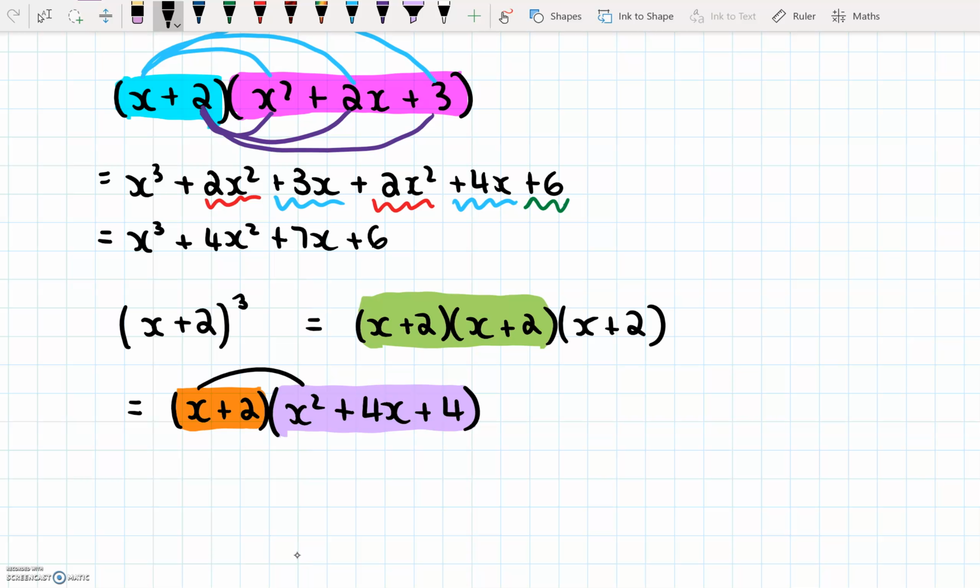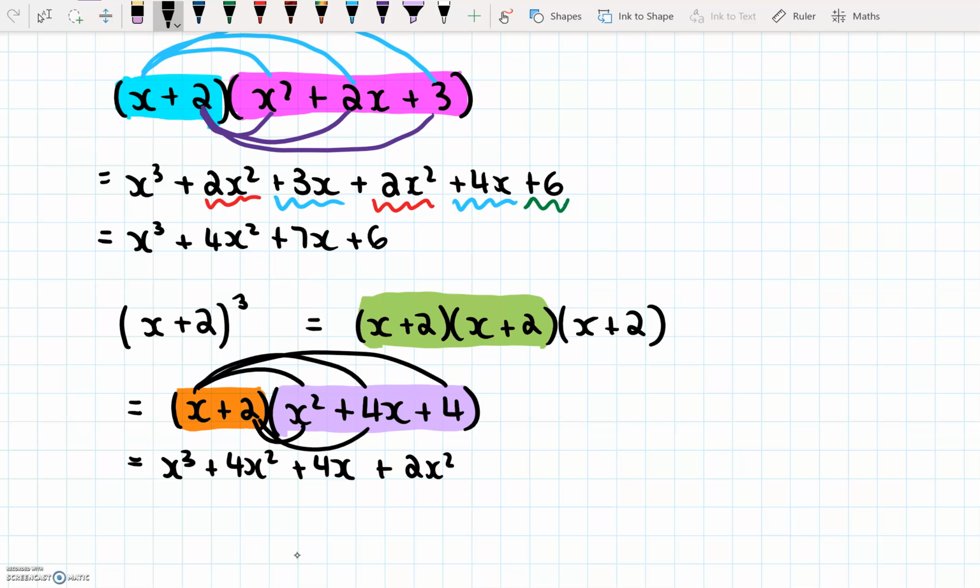So x times x squared gives us x cubed plus 4x squared plus 4x plus 2x squared plus 8x plus 8.